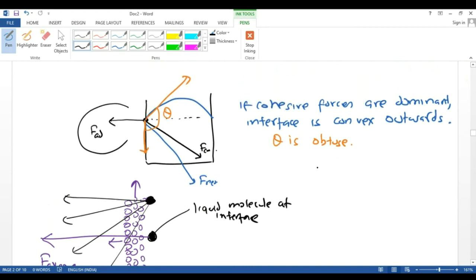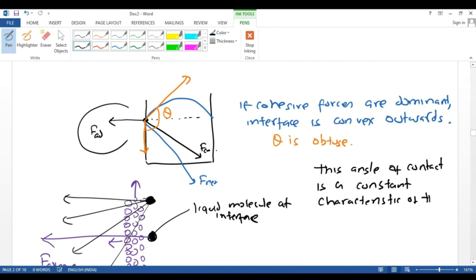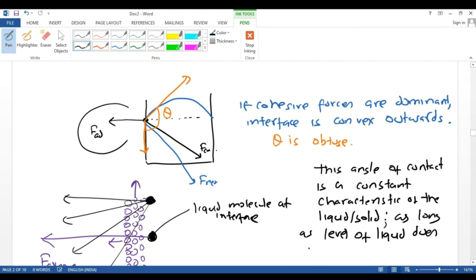So this angle which we are saying angle of contact is a constant characteristic of the liquid and solid involved, but only as long as the level of liquid does not rise to the top.